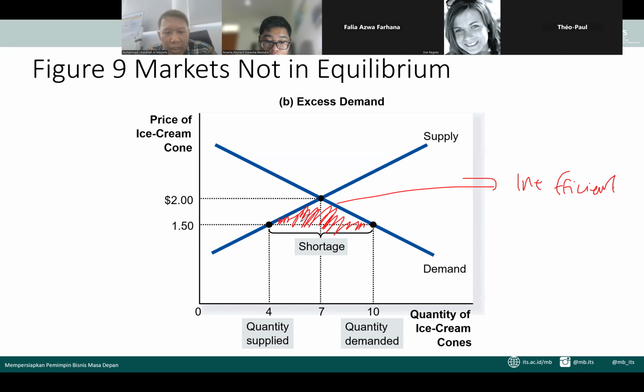So when we have a shortage, with the price lower than the equilibrium price, sellers are unwilling to sell and we have more buyers. No sellers, more buyers, and this is a shortage. And when we have a shortage, the market is inefficient, because at equilibrium they are supposed to sell at 2, but now they sell at 1.50.